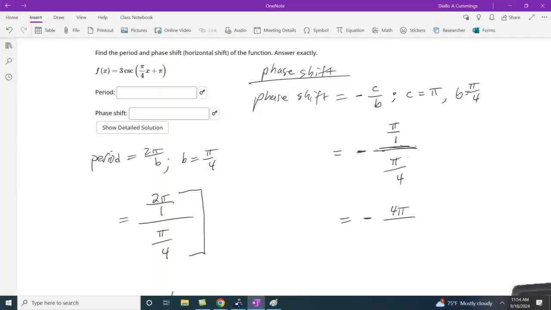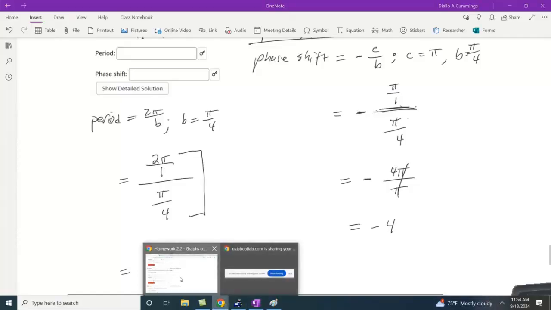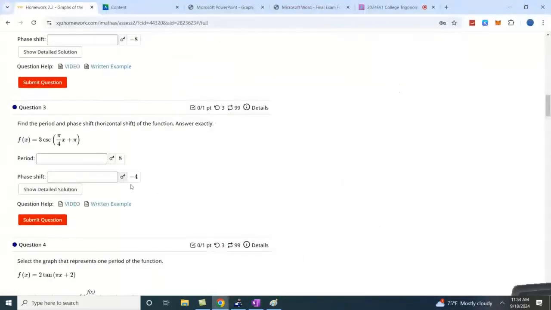If I multiply the bottom of the top and the top of the bottom, 1 times pi is pi. The pi's cancel, so we have a phase shift of negative 4. So just going back, the period is 8 and the phase shift is negative 4.